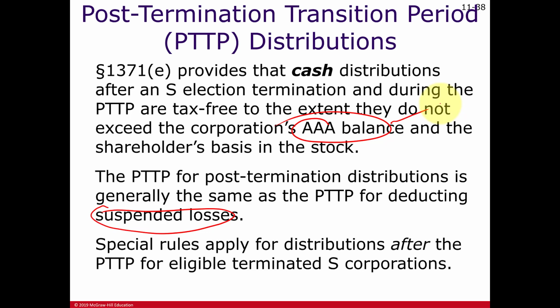This is what you can take out as distributions tax-free. But if you're no longer an S corporation, this AAA will still be there for tax-free distributions for one more year after the S election has terminated. Okay, so it's best to use this up if possible. Otherwise, then it gets lost forever.